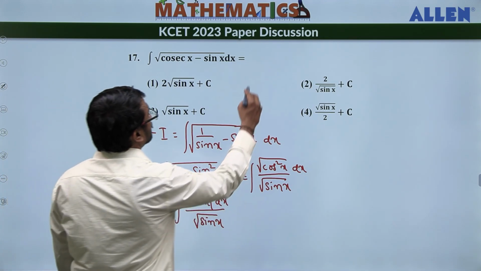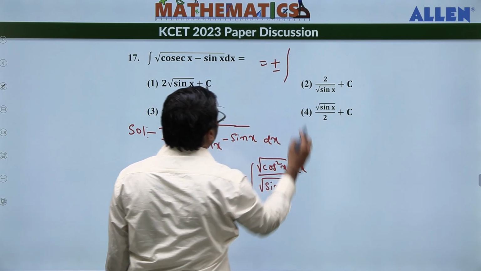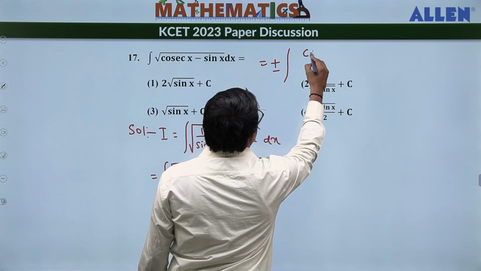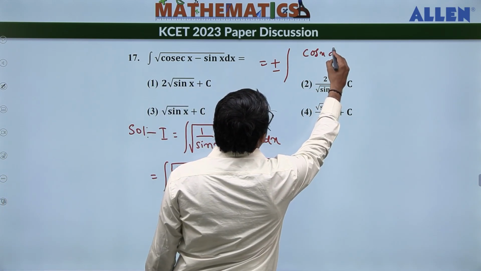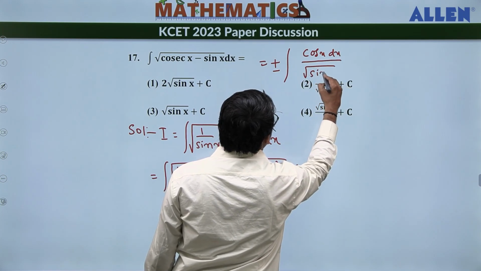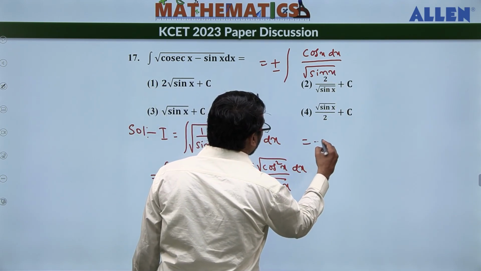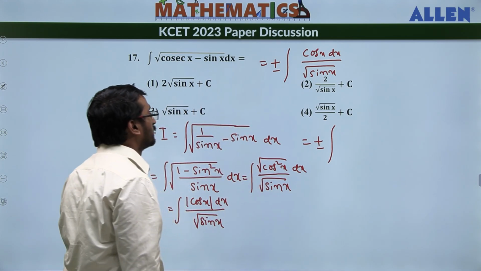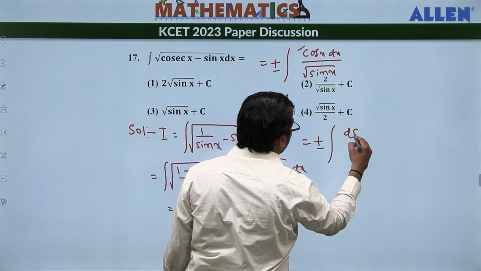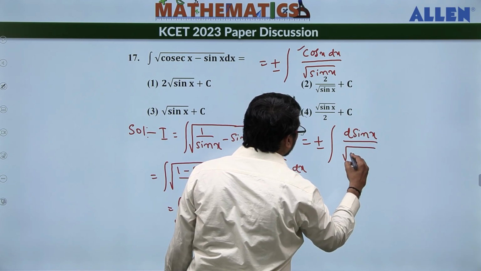So, that becomes mod cos x is plus or minus cos x. Cos x dx by root of sin x becomes plus or minus cos x dx, which can be written as d of sin x, by root sin x.